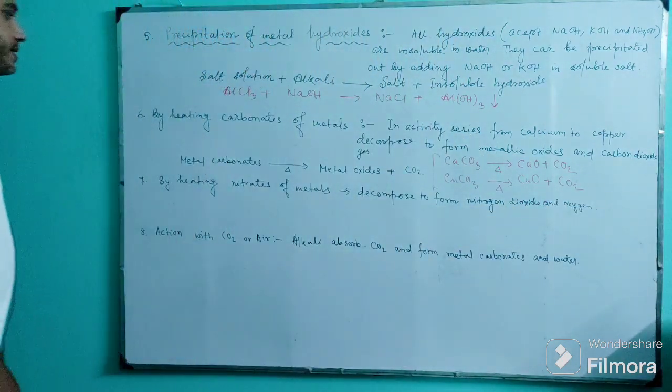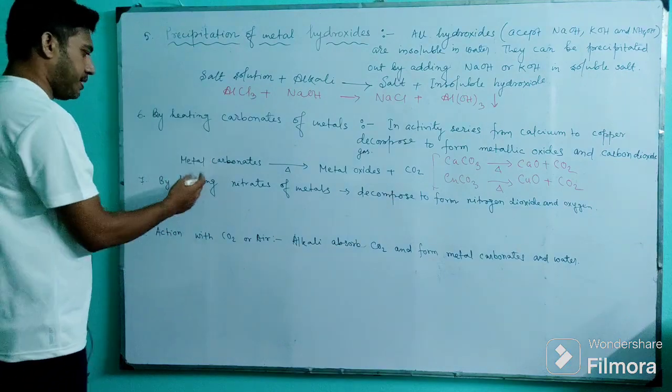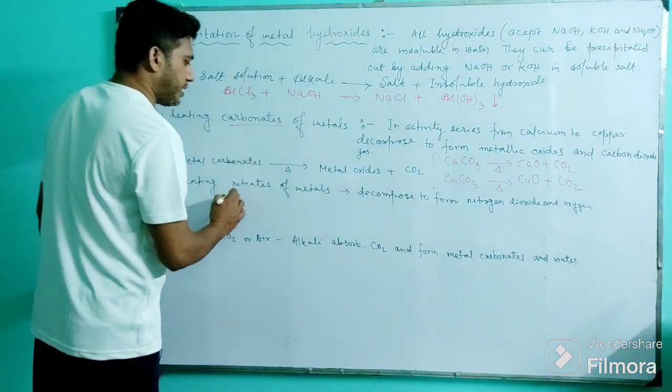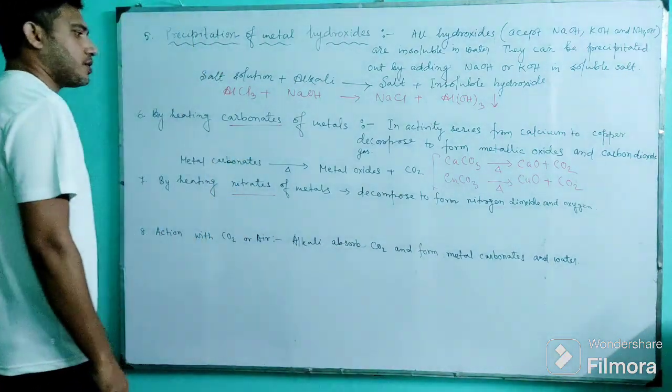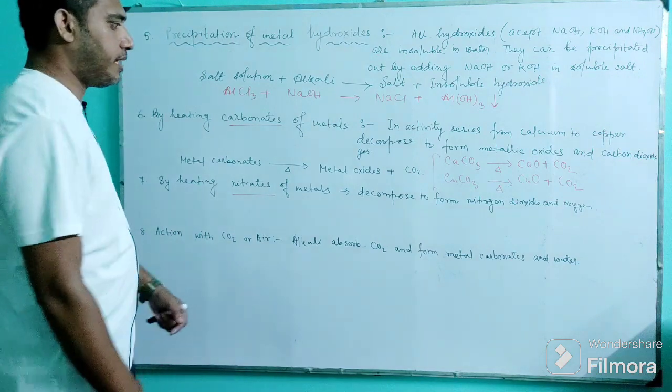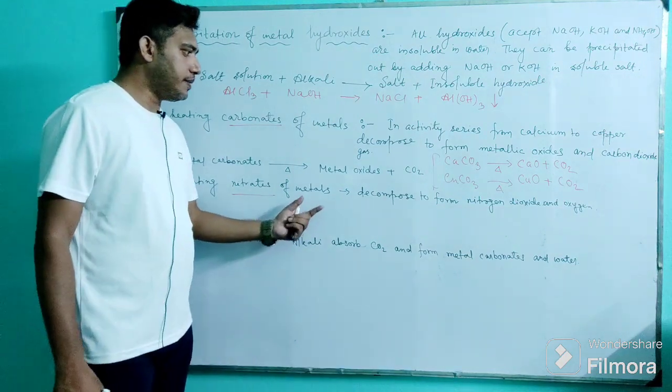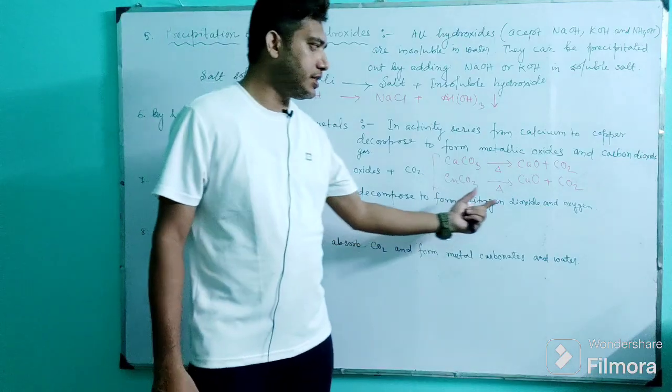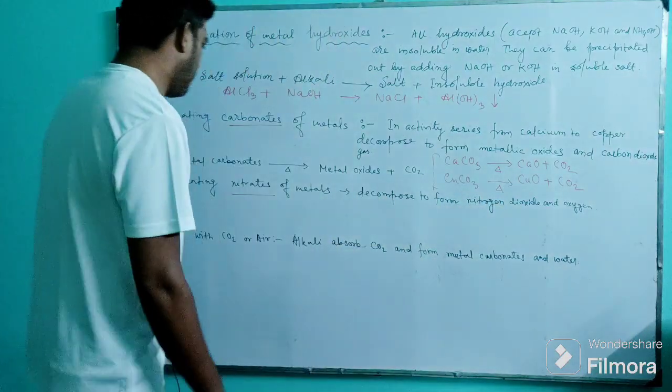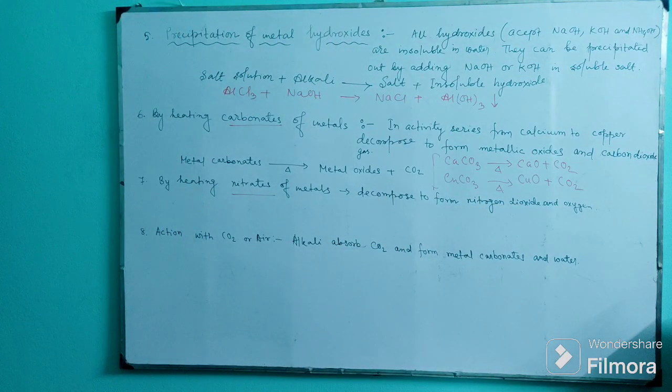Okay, the next category is similar. Here it was carbonates and here it is nitrates. If nitrates, meaning NO3, are heated, they will be decomposed and form nitrogen dioxide and oxygen.